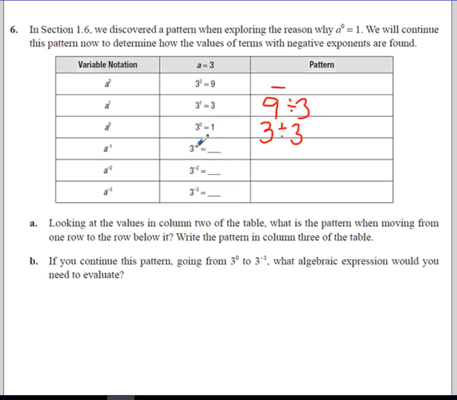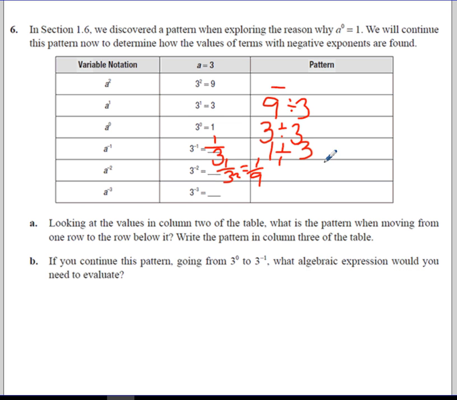So 3 to the negative 1 power, remember that flips. So it's 1 over 3 to the 1st power. We ignore that 1 as an exponent. And our previous answer is 1, and if we divide that by 3, we do get the fraction 1/3. So that works. And 3 to the negative second power would be 1 over 3 squared, which we can simplify to say it's 1/9.